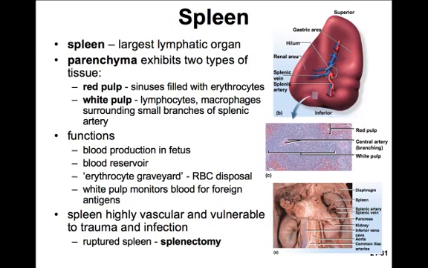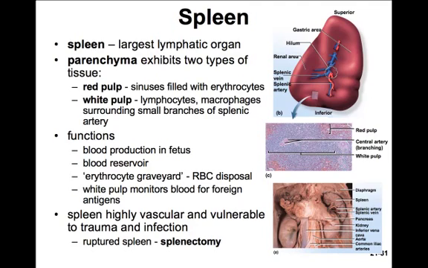So red blood cells, as they age and have to bend to move through these, may disintegrate, at which point they'll be phagocytosed by the macrophages. So it serves also as an erythrocyte graveyard. The white pulp monitors the blood for foreign antigens and will activate the immune system if invading antigens are found.